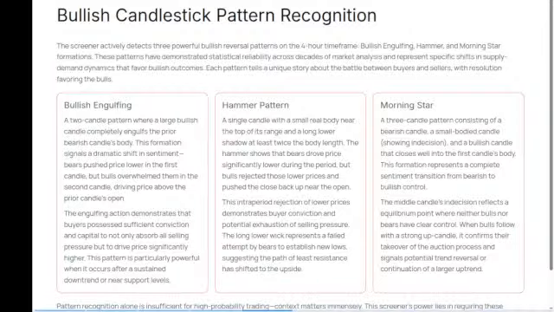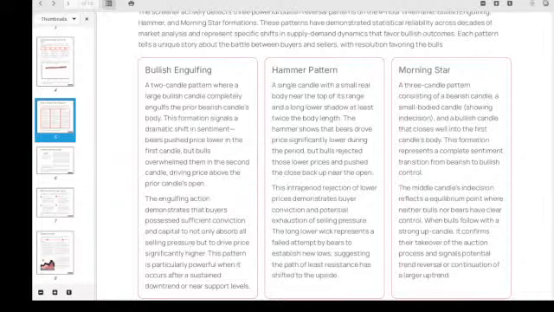Yeah, I think this is a better presentation. Let me see what we have here. There we go. Okay, I think that's better.